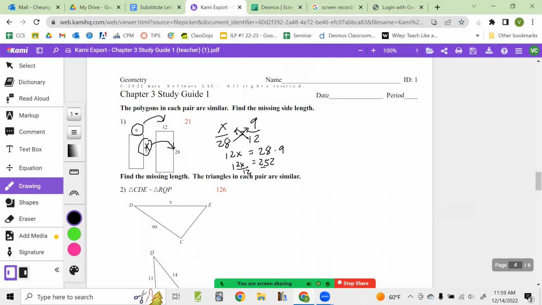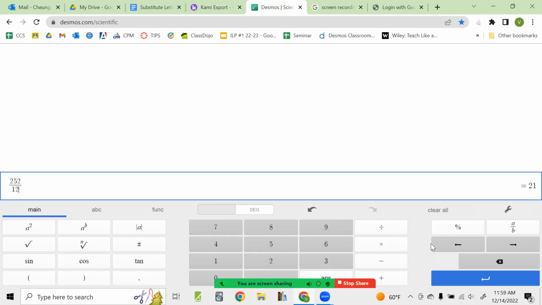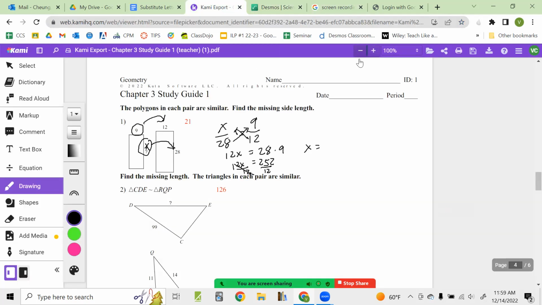Divide both sides by 12 because we want the x by itself. X is going to be 252 divided by 12, and that is indeed 21. So our answer is 21. That was what the answer key gave us, so we're good.